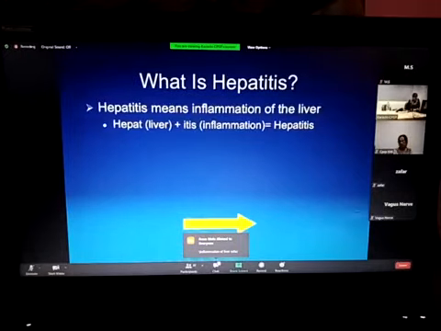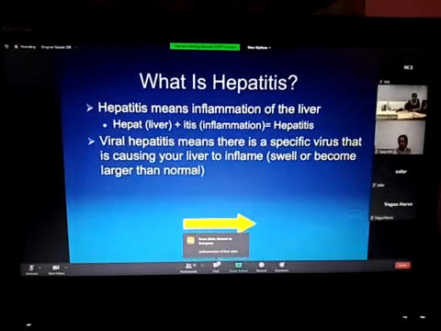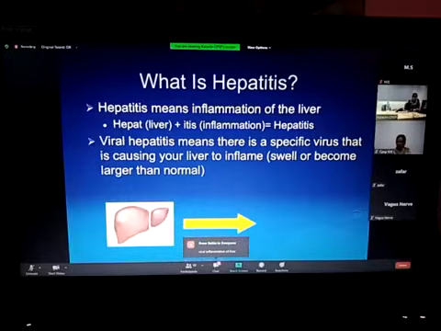Now, this inflammation could be because of viral causes or could be because of non-infectious causes as well. Now, what it means is that when specific viruses inflame the liver, it becomes far more rugged and swollen.